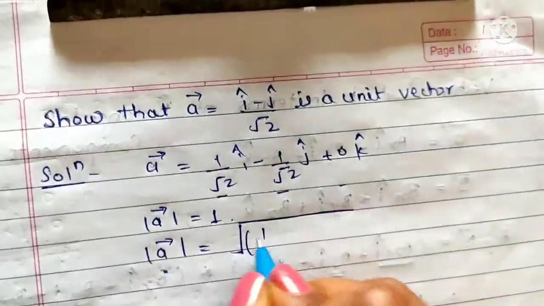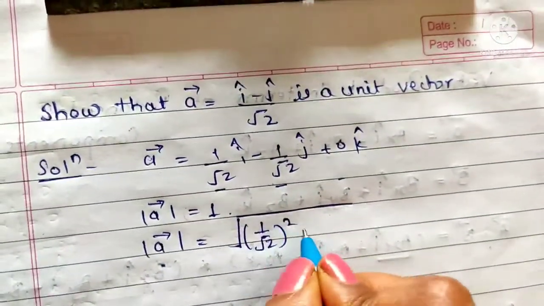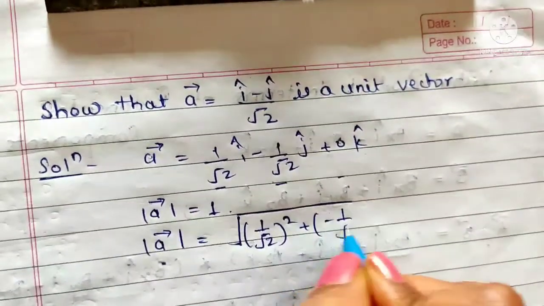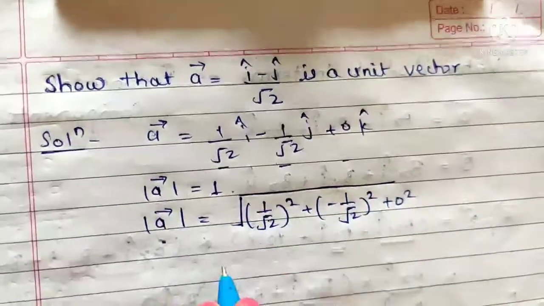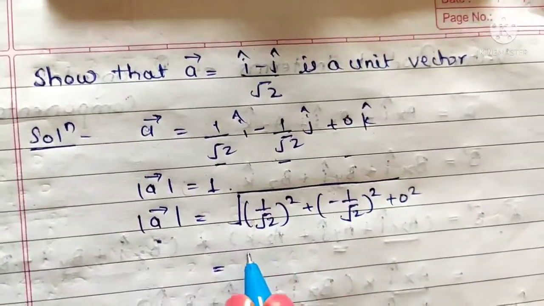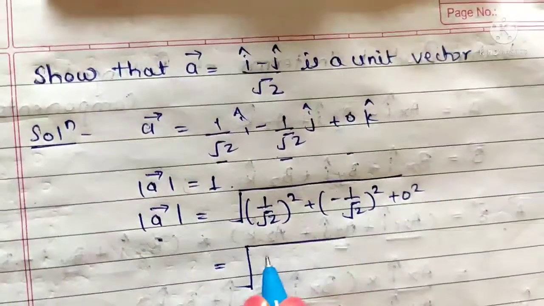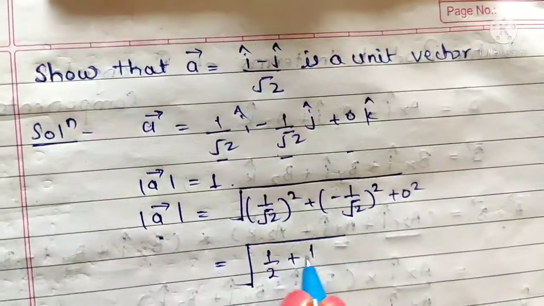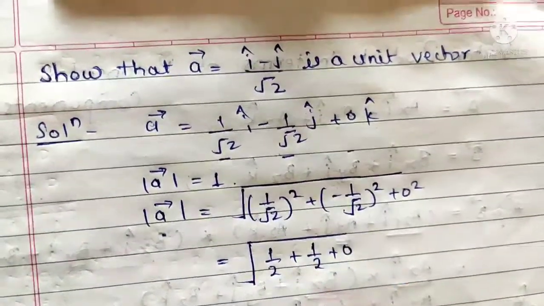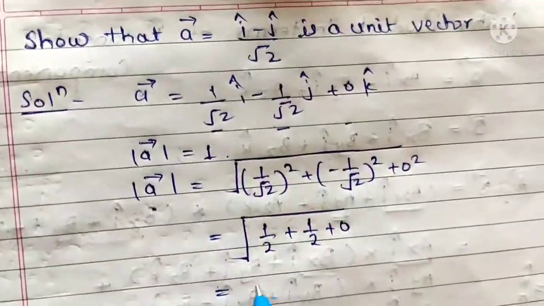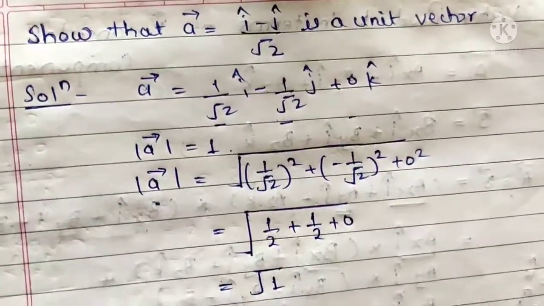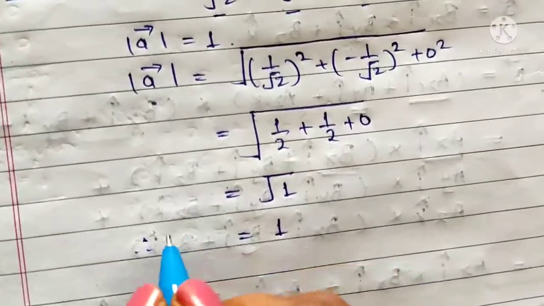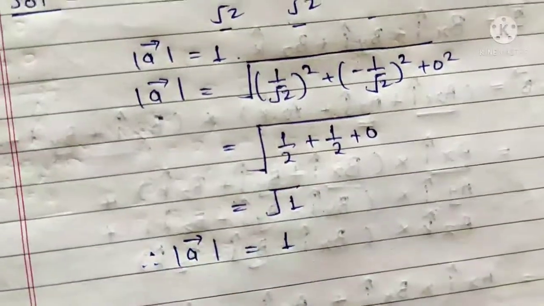So we may write here (1 upon root 2) square plus (minus 1 upon root 2) square plus 0 square. So here we get 1 upon 2 plus 1 upon 2 plus 0. So this is nothing but root 1, which is equal to 1. Hence mod of a bar is equal to 1.